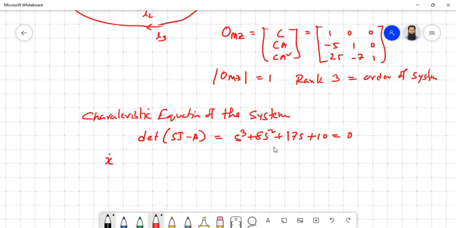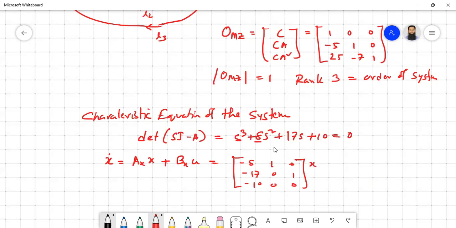We can easily represent it in the observer canonical form, which has a companion A matrix or system matrix. So X dot equals AX X plus BX U, with coefficients -8, -17, -10, then 1, 0, 0, 1, 0, 0, this is your X, plus BU.